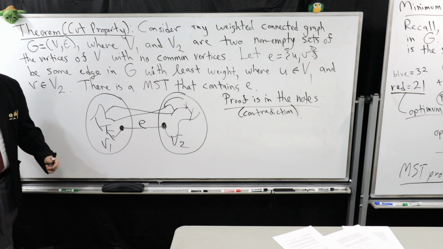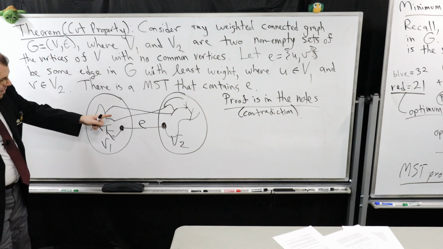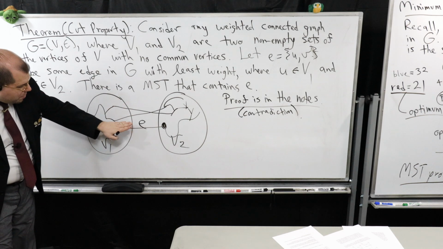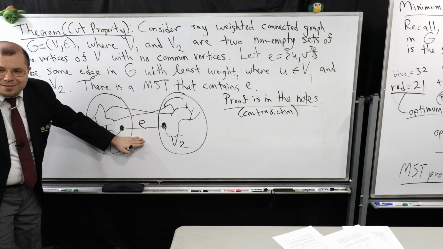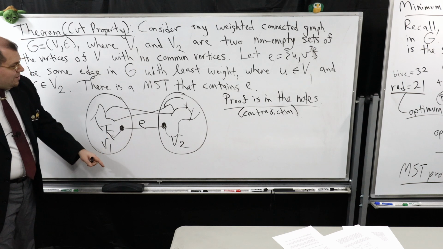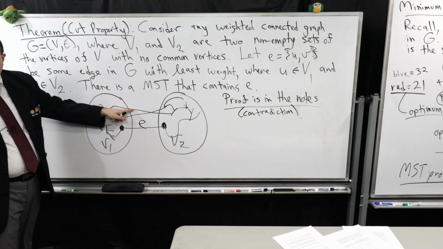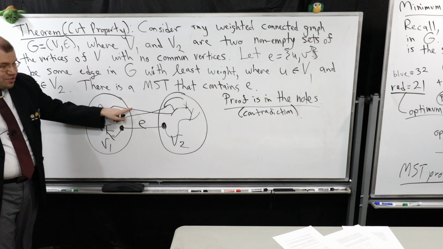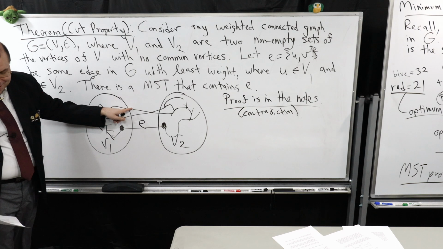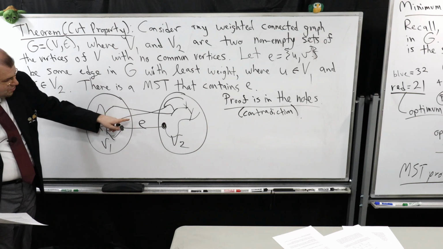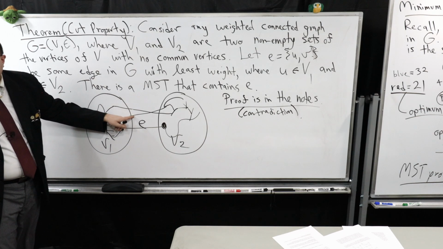If I were to point my finger at these three edges I have here, this edge E is not in the spanning tree, right? That's what we're presuming. So I have two edges crossing here. Could this one be an edge in the spanning tree? Yes, it could be. This one could most certainly be as well.